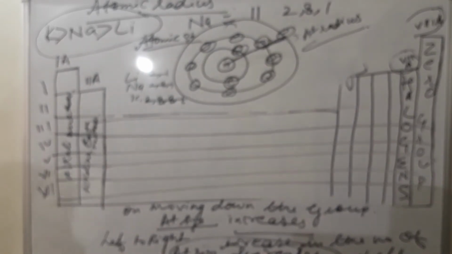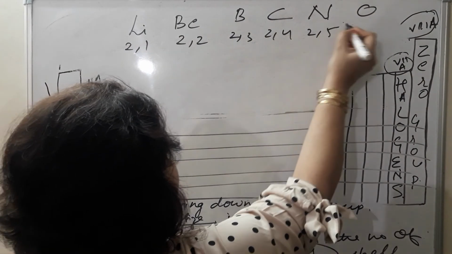Let's take one example to understand this. See here. For example, if I take the same one like lithium, then beryllium, boron, carbon, nitrogen, oxygen. So lithium 2, 1, this is 2, 2, 2, 3, 2, 4, 2, 5, 2, 6.